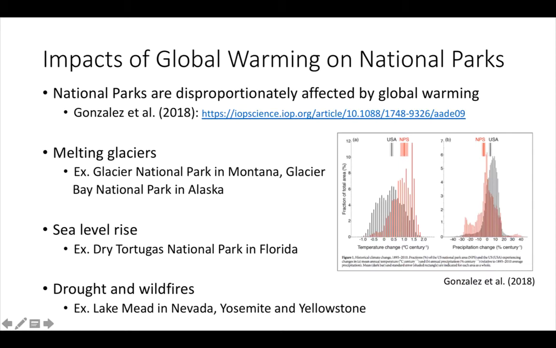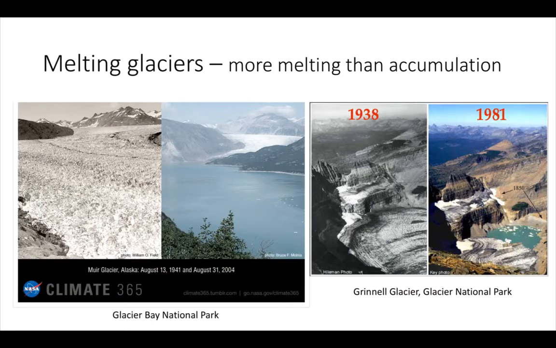And then drought and wildfires are kind of combined into one category. These drying conditions that can cause fires to start in Lake Mead in Nevada, and a couple of fire examples in Yosemite and Yellowstone.